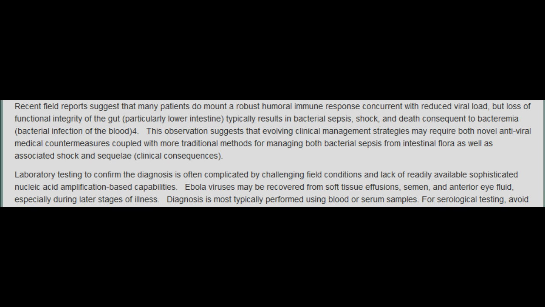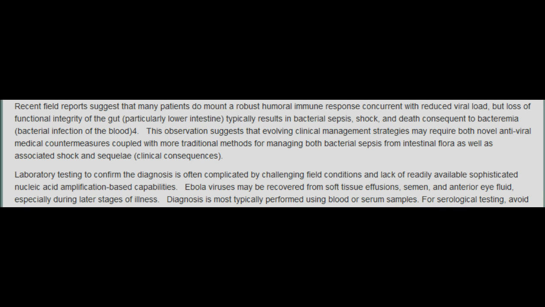Okay, recent field reports suggest that many patients do mount a robust humoral immune response concurrent with reduced viral load. But loss of functional integrity of the gut, particularly the lower intestine, typically results in bacterial sepsis, shock and death subsequent to bacteremia, which is bacterial infection of the blood.